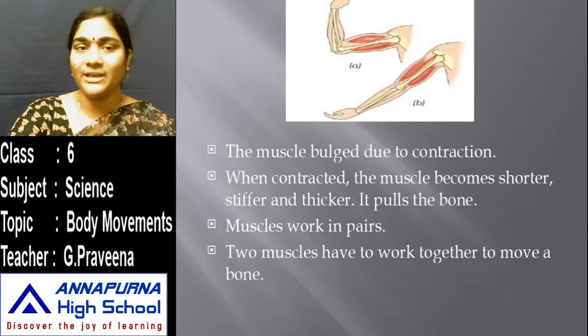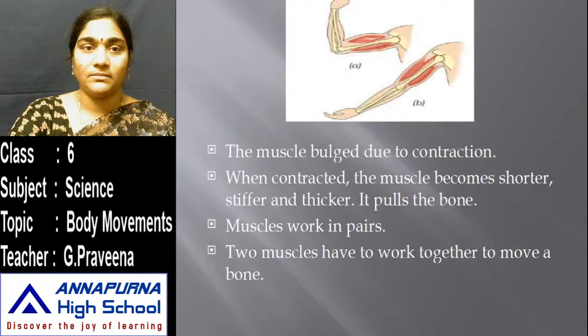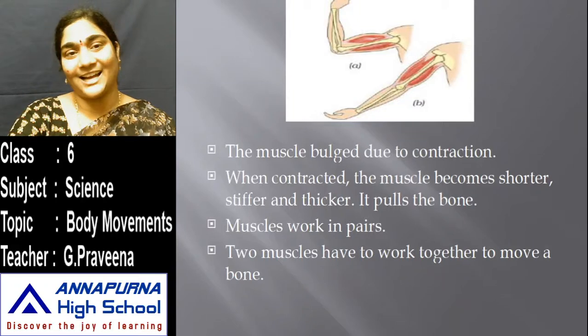Try to make a fist with one hand and fold it near the elbow and try to touch the shoulder with the help of the thumb. Now try to touch your upper arm with the other hand. You can see some part which has got swollen there.